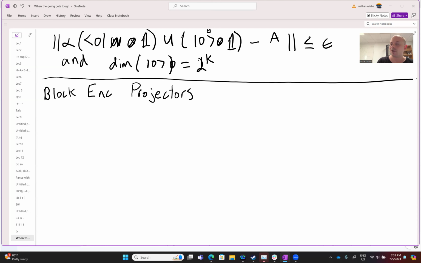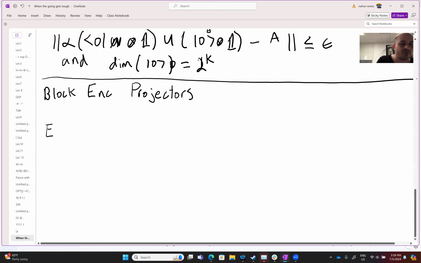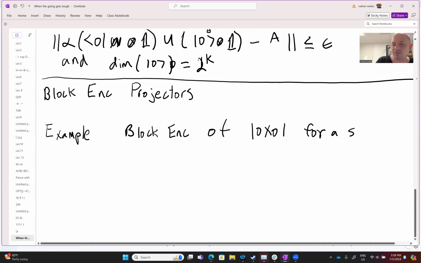And to begin with, let's go forward and consider the following construction. Let's say that I want to do an example where I want to find a block encoding of the projector onto 0 for a single qubit.